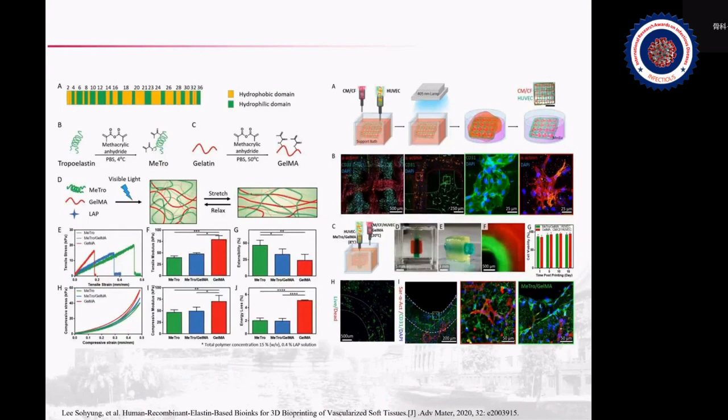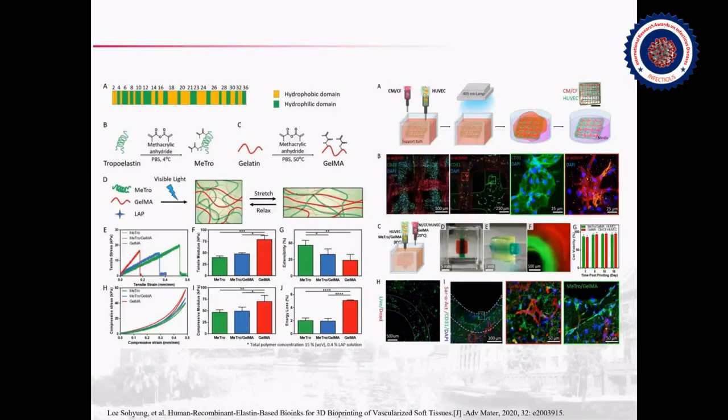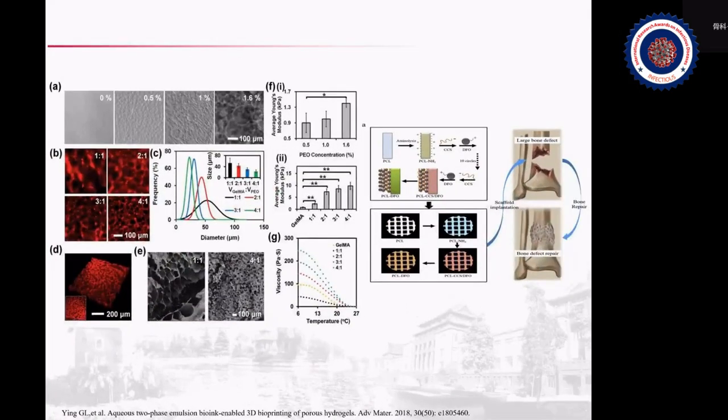Due to the limitation of traditional production technology, how to accurately control the internal porosity, pore size, and interpore connectivity structure of biological materials has become the bottleneck limiting its development. The development of two-aqueous-phase bioink provides new ideas to solve these challenges.